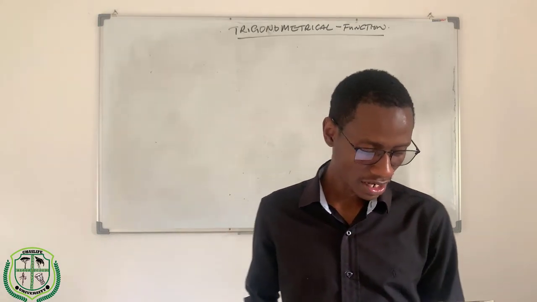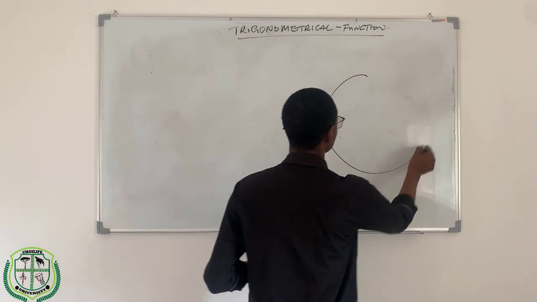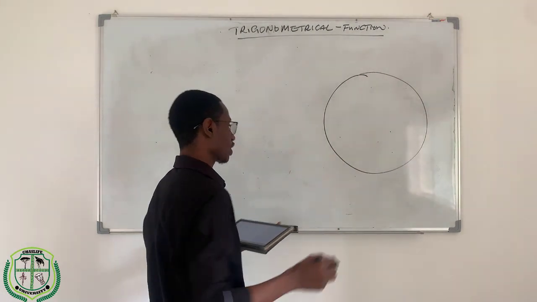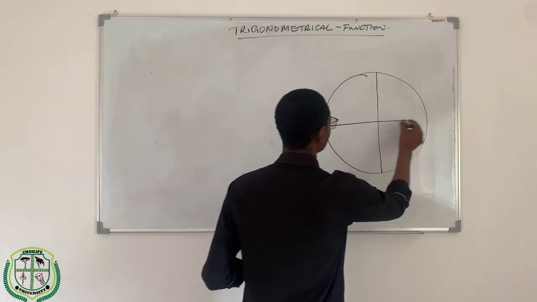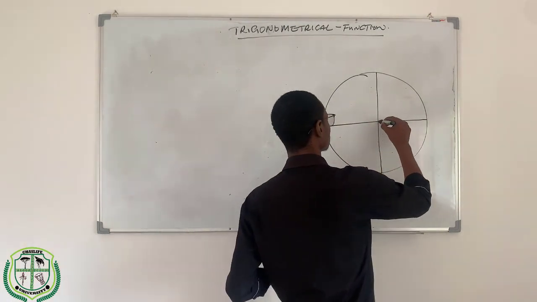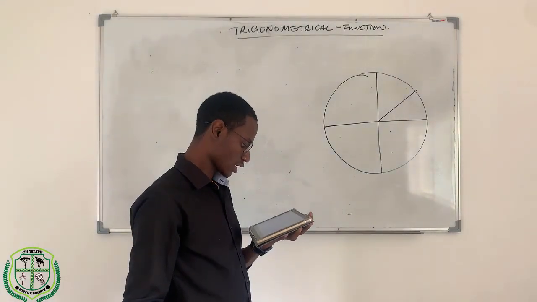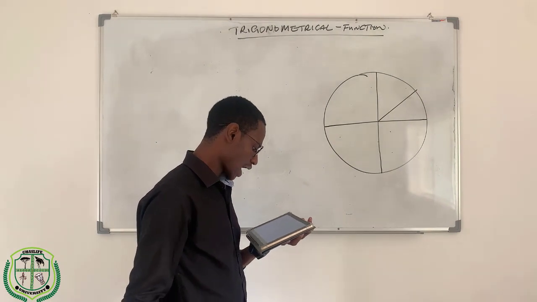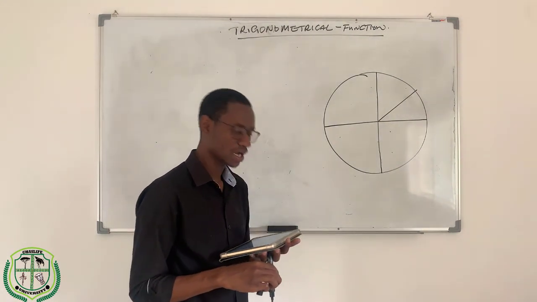Now, remember from what we looked at, we said that this 360 degrees has got a 90 degrees angle, and under this we're going to explore more aspects.